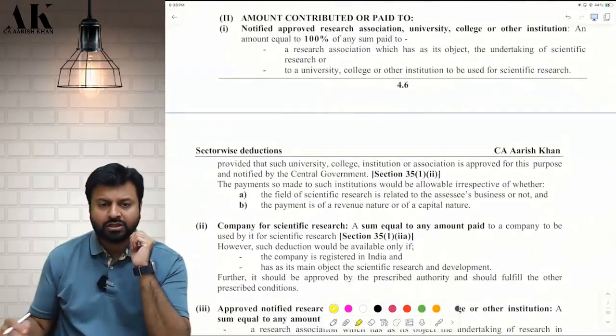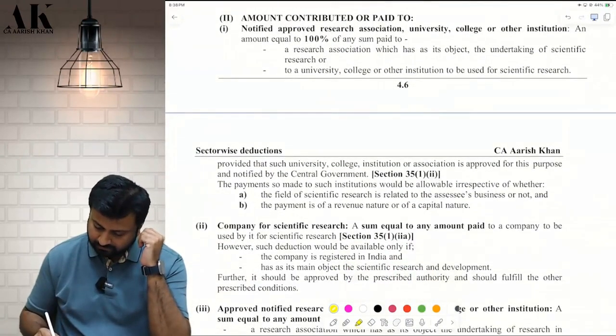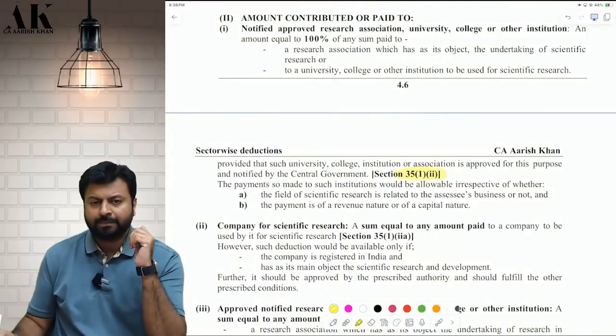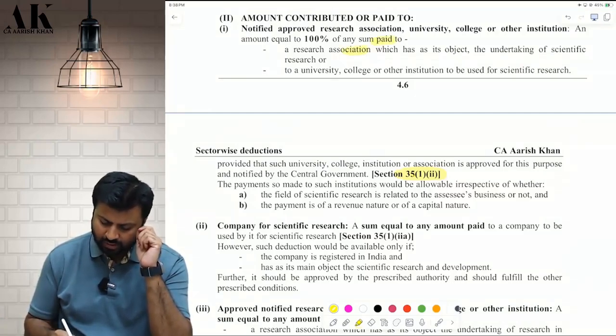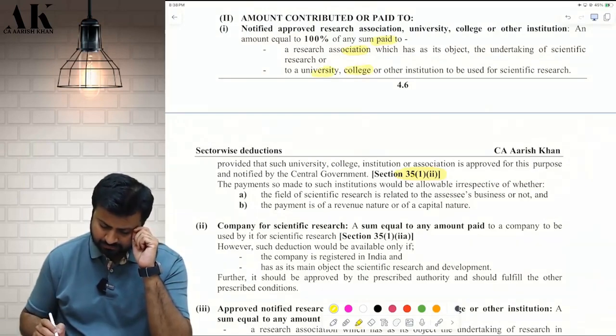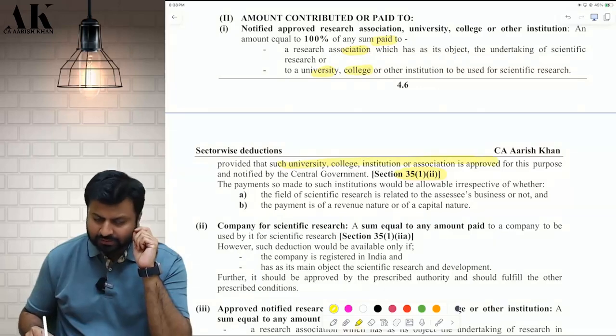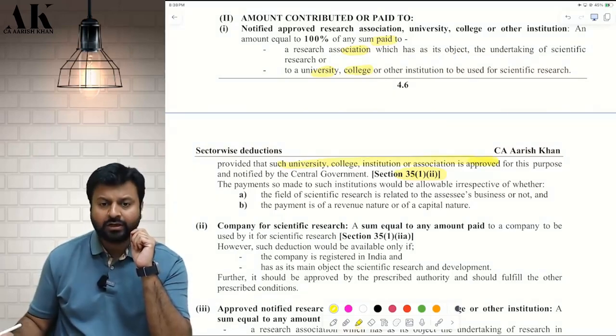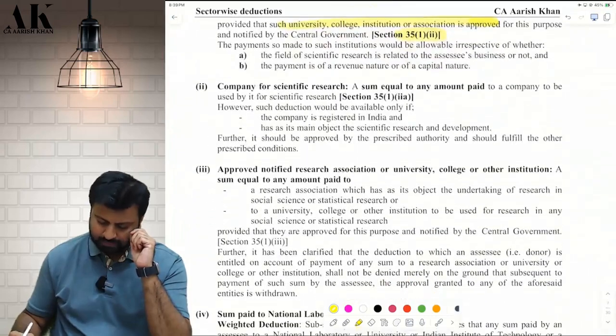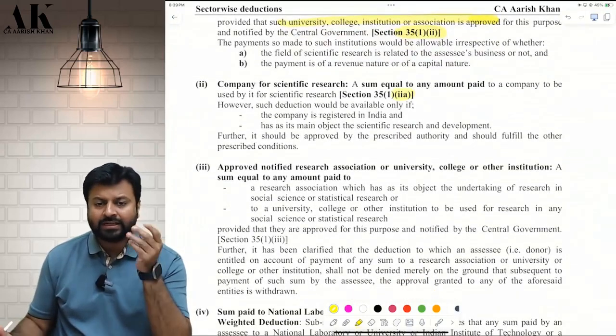Then coming to the donations. Which donation is covered in 35(1)(ii)? You are giving donation to a research association or university college, provided such university college is approved. Yes? Are you clear? Similarly, 35(1)(iia) is for Indian companies, right?